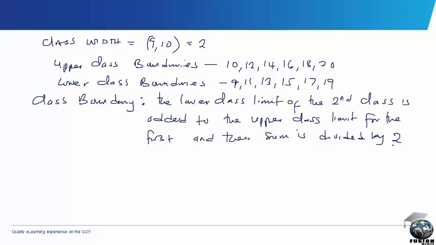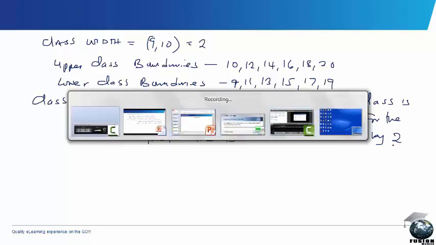When we add the lower class limit of the second class to the upper class limit for the first class, and then the sum is divided by 2, it gives us the class boundaries for each class.